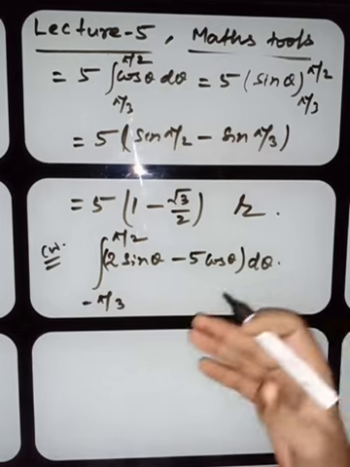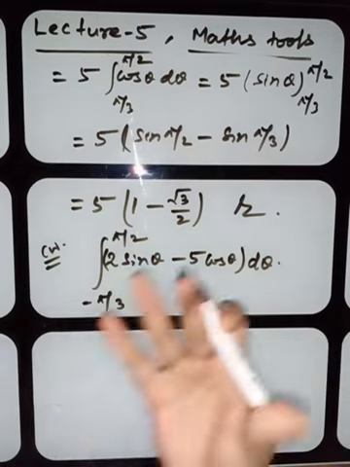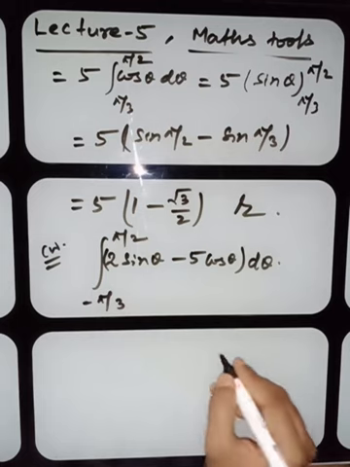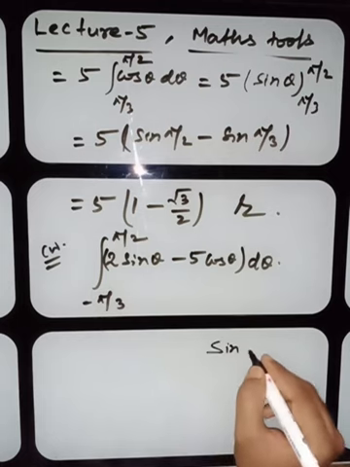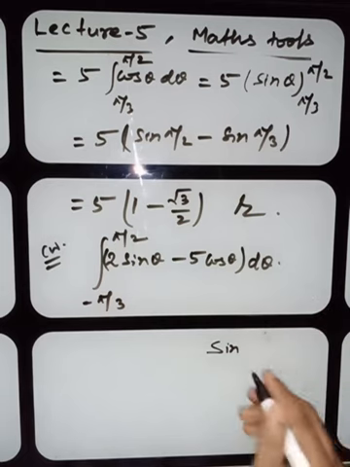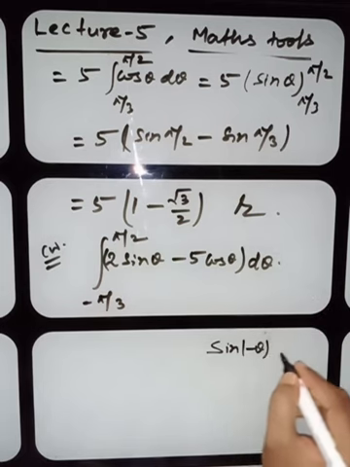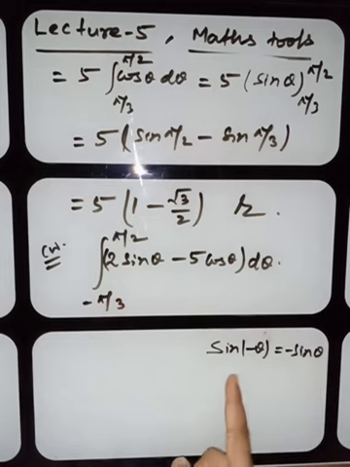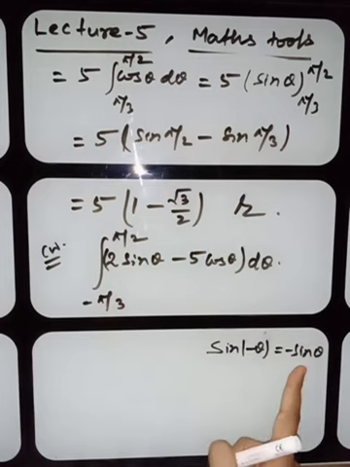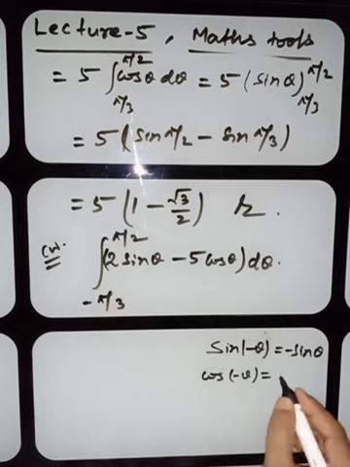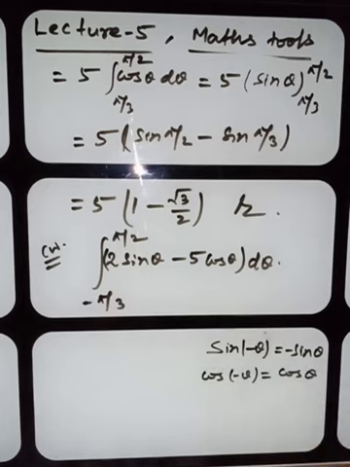Maybe here you need to use this one. Try to remember: sine of theta is sine theta, but sine of minus theta is minus sine theta. Always remember, sine of minus theta is minus sine theta. Cos of minus theta is plus cos theta.